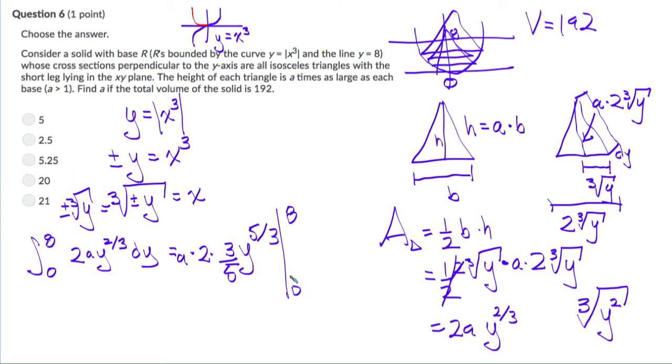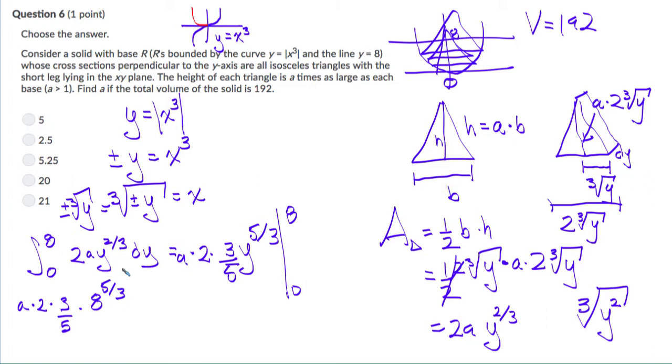All right, notice when you plug in 0, it's going to be 0 to whatever, which is 0. 0 times whatever is 0. Don't worry about it. That's not going to get anything but 0. 8, however, is going to be plugged in, so it's going to be a times 2 times 3/5 times 8 to the 5/3. Let's go ahead and simplify this expression.